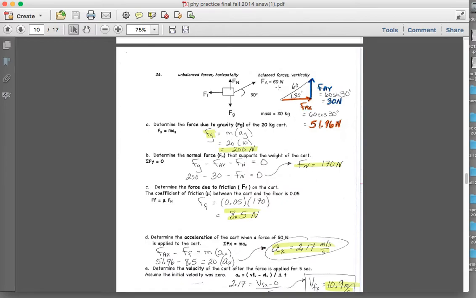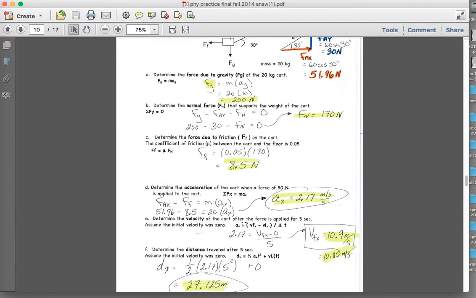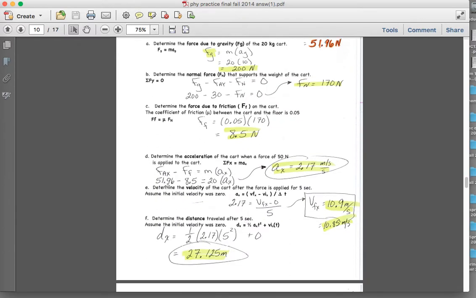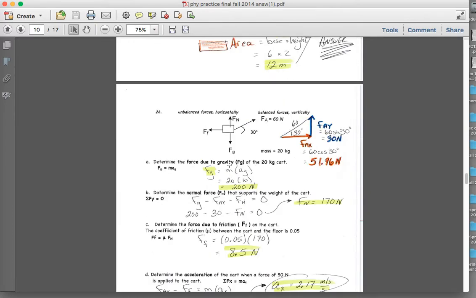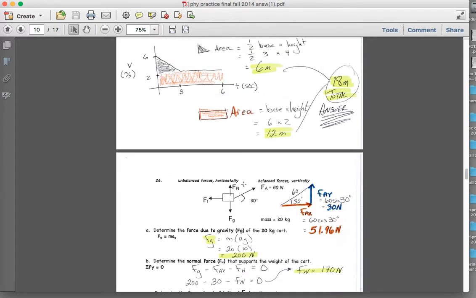Now, why do we care about the normal force? Because that pressure is what determines the friction between the two materials. So we needed to know that normal force in order to figure out the frictional force. Once we figured out the frictional force, then it's easy to sum our horizontal forces. When you add your horizontal forces, it says they're not balanced.